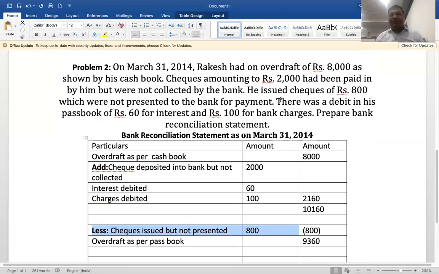Then there was a debit in his passbook of 60 for interest and 100 for bank charges. Now, for maintaining your account, the bank will charge some expenses.